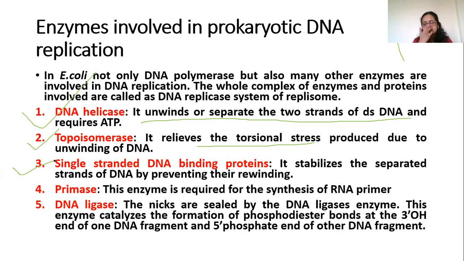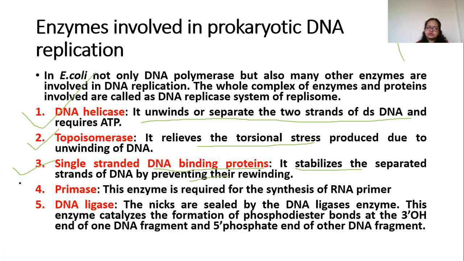They are called single-stranded DNA binding proteins. Otherwise, they would again re-anneal due to the formation of hydrogen bonds between them. So to keep them unwound and start replication, the single-stranded DNA binding protein binds to the two separated strands of DNA. It stabilizes the separated strands and prevents their rewinding.